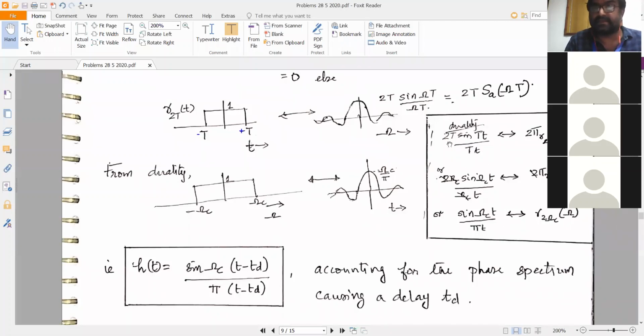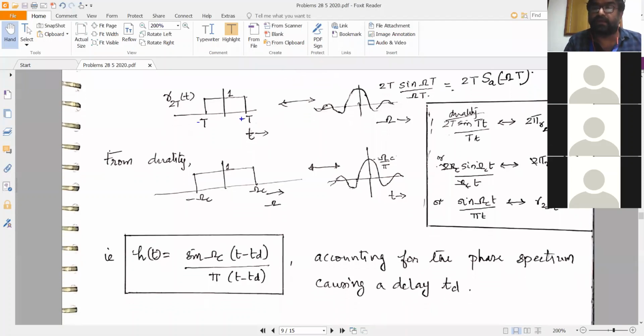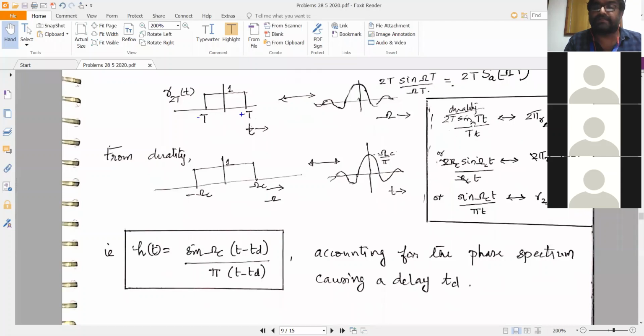This is capital F of t, having a Fourier transform given by 2 pi small f of minus omega. That is 2 pi R2T of minus omega, which is the same as R2T of omega. So 2 pi R2T of omega.